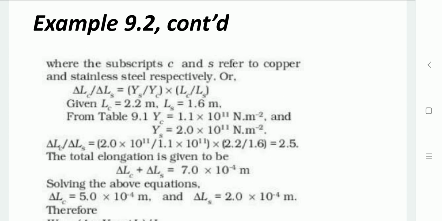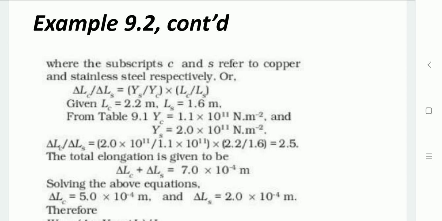So total elongation is already given, that is 0.7 millimeter, right? So delta Lc plus delta Ls would be equal to 0.7 millimeter.